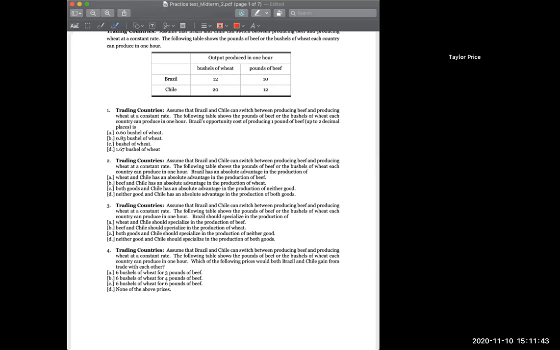Okay, so the correct answer for this one is D. And so we can see in bushels of wheat that Chile has the absolute advantage in wheat production and the absolute advantage in the production of beef. Oh, okay. I get it. Yeah.